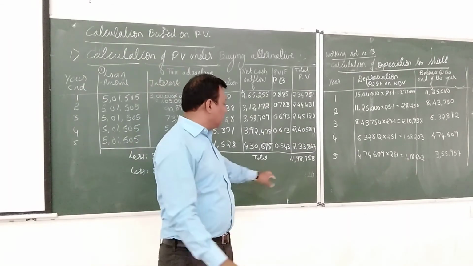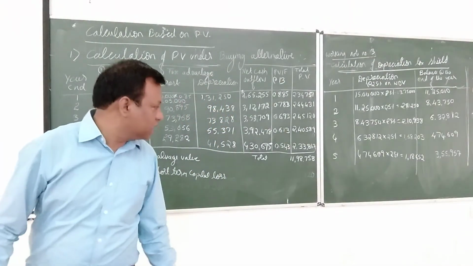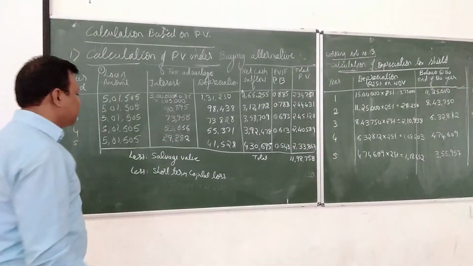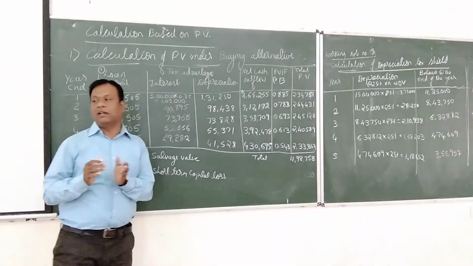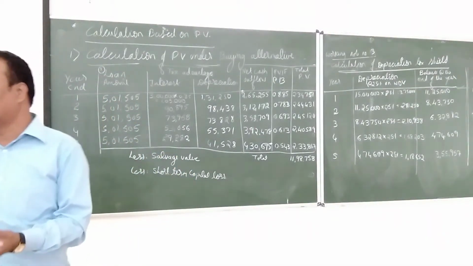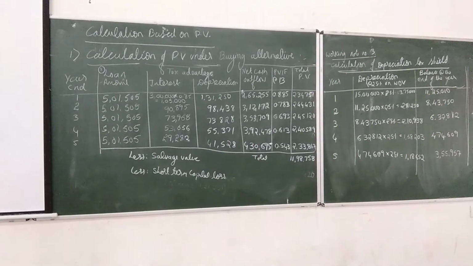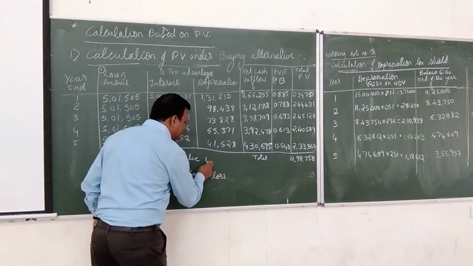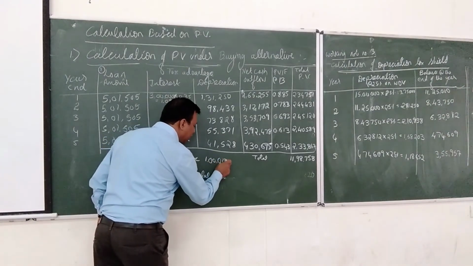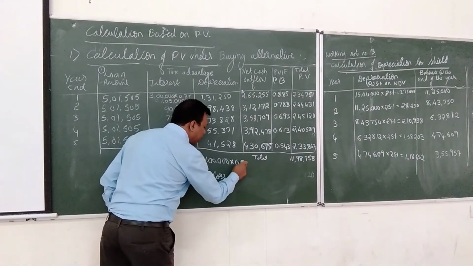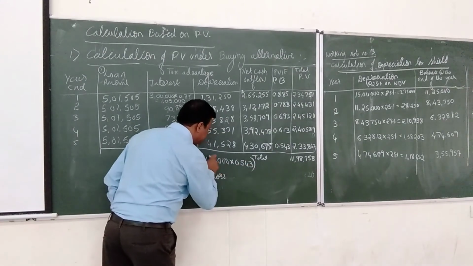So now the total amount was 11,98,758. Now less salvage value. What is salvage value? At the end of the 5th year, if you sell the machine, it is able to recover 1 lakh. When we recover this at the end of the 5th year, it is converted to present value.